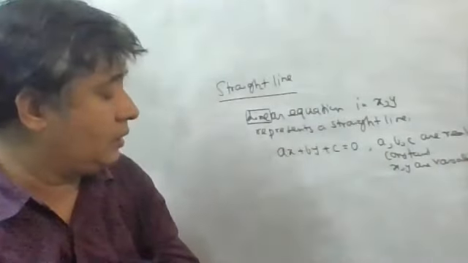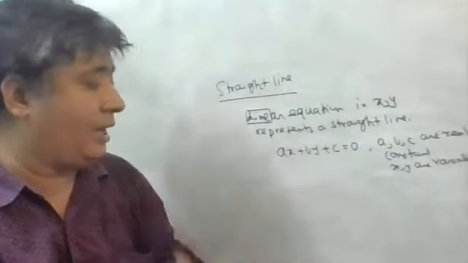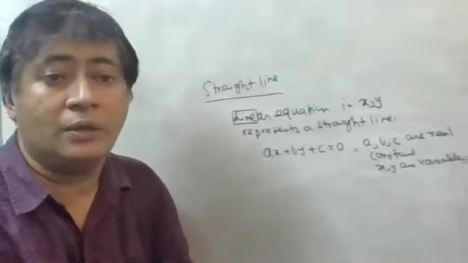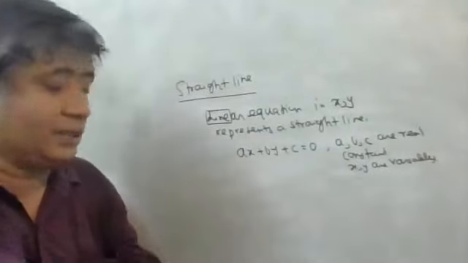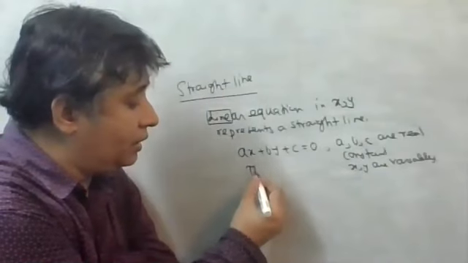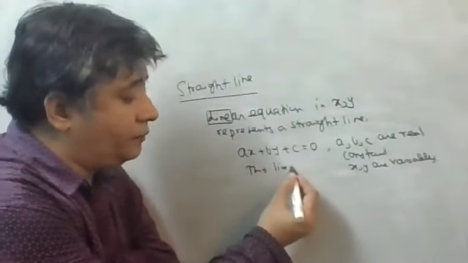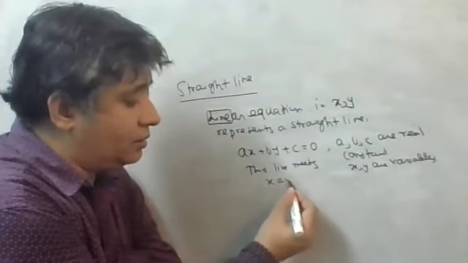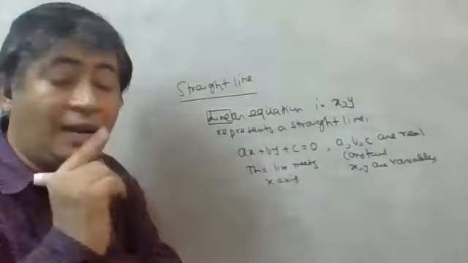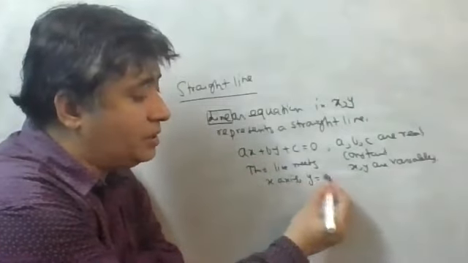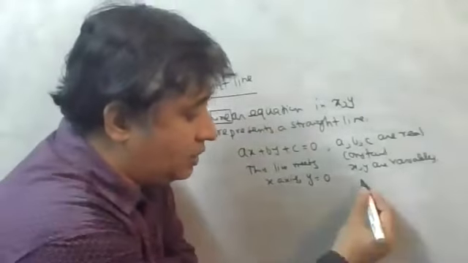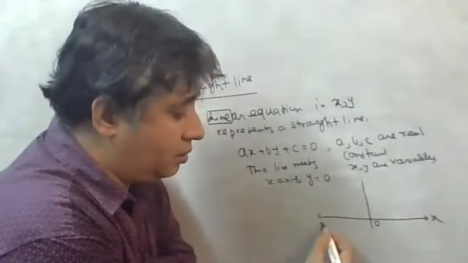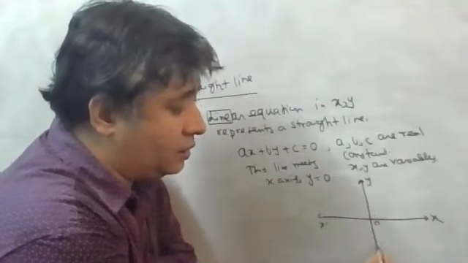Now, suppose this is the coordinate axis, this is x and this is y.